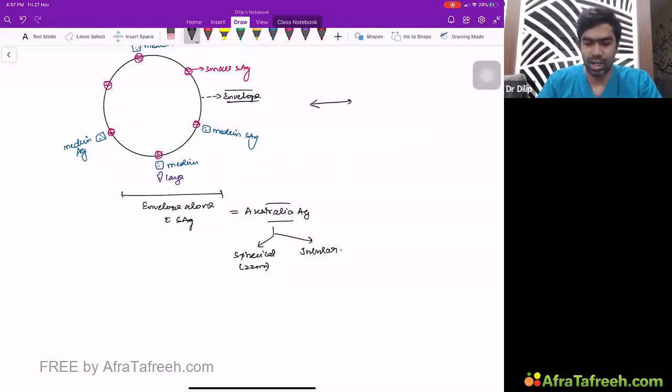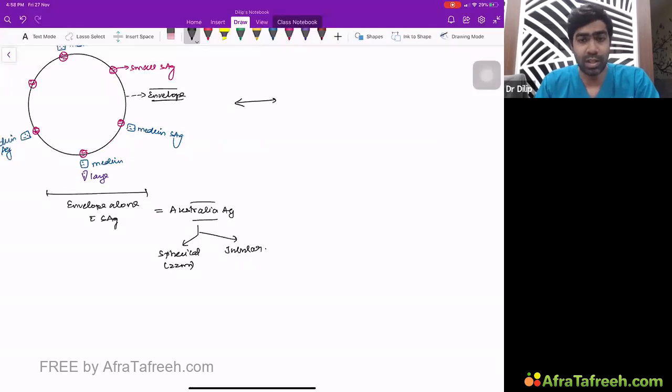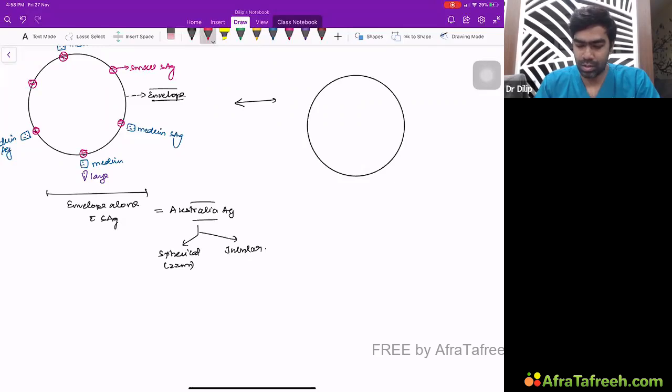So this is the Australia antigen we talked about, which means the surface antigens are always produced in excess compared to the net virus particle. But what is the virus particle made of then? If you take the virus particle, I can draw the nucleocapsid also here. This will be the entire viral particle.